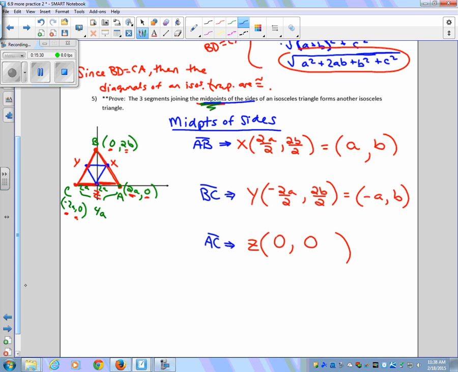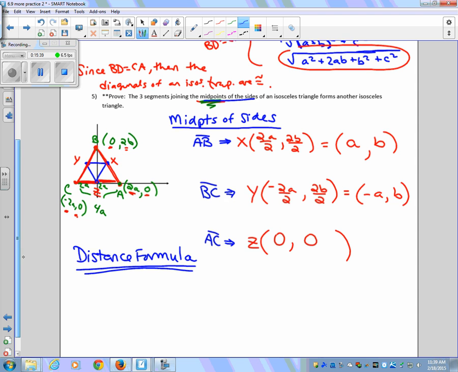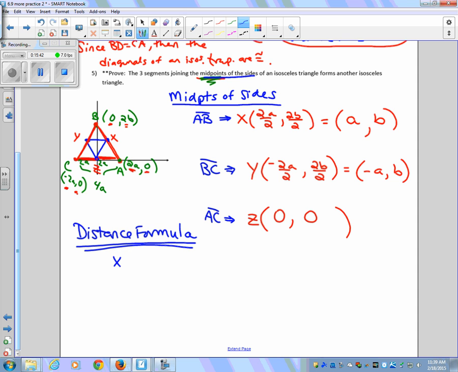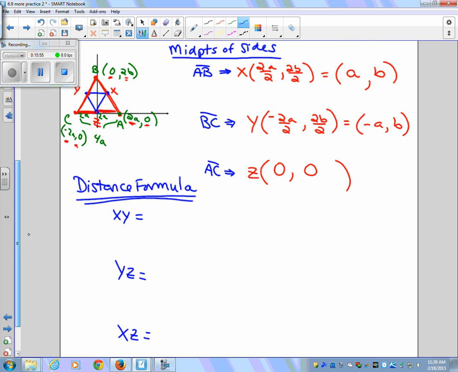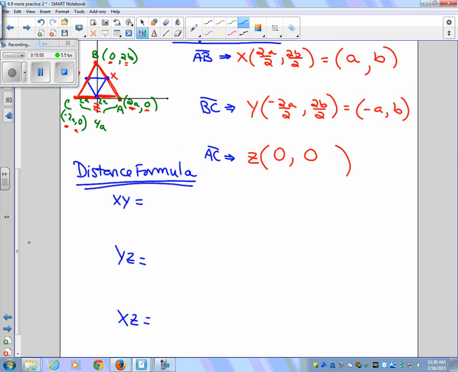So now we need to find the length of each side of XYZ: the length of XY, the length of YZ, and the length of XZ.